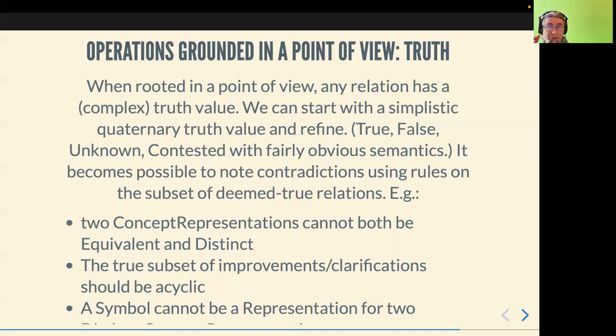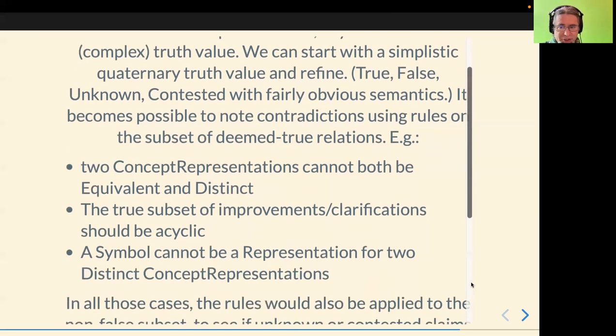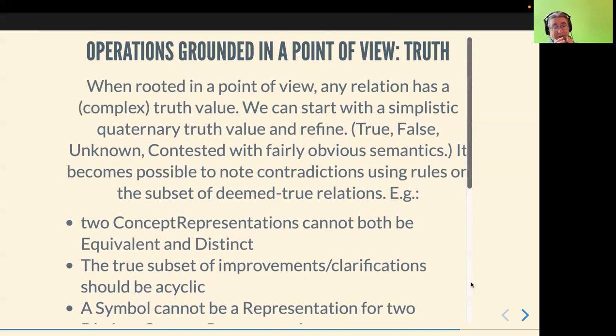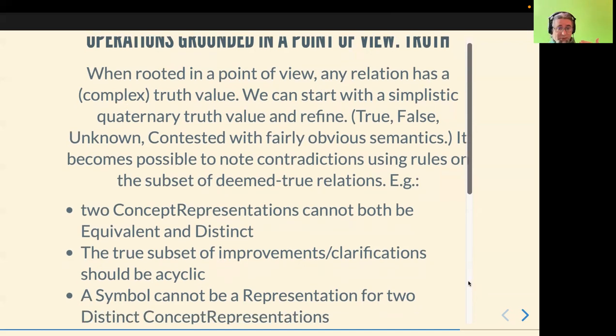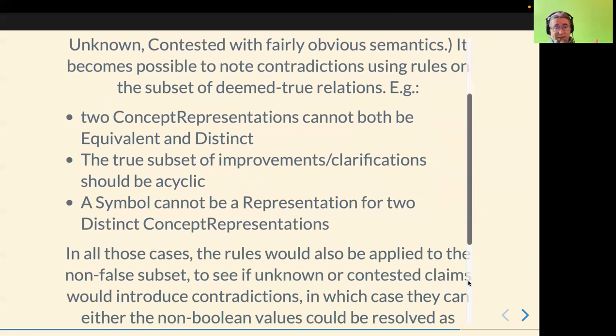So it should be possible to notice contradiction. First, we can define subsets. Like I'm in this perspective, so I'm just looking at the deemed true statements. I'm just looking at deemed true plus contested, or plus unknown, or both, and the non-false. So these are all possibilities. And then when you have these sets, you can ask, okay, in this subset, do I have contradictions?